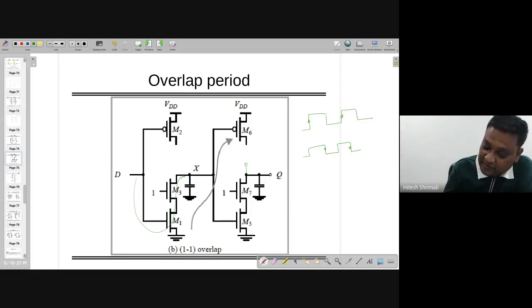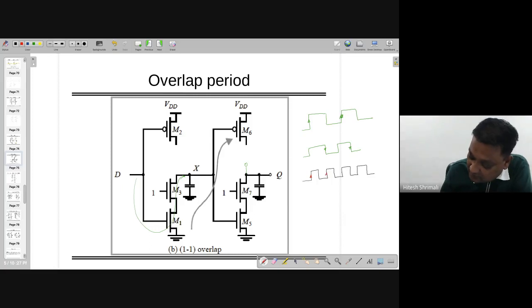So now I want a circuit which is not only sampling at the positive edge, but I want to see the data at the negative edge also. This is going to reduce the requirement of the frequency. In half the time I can have both the data.